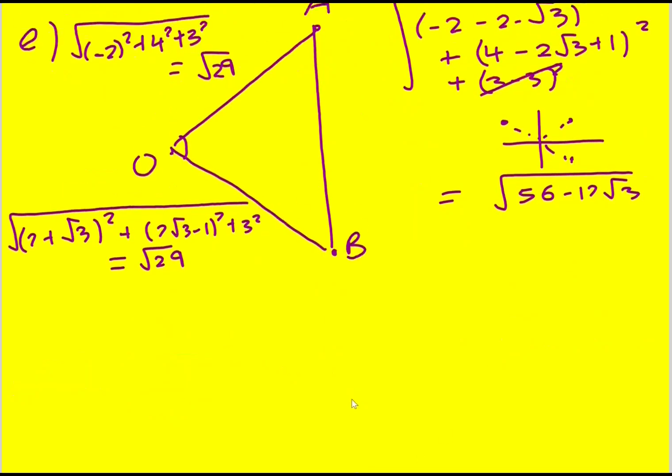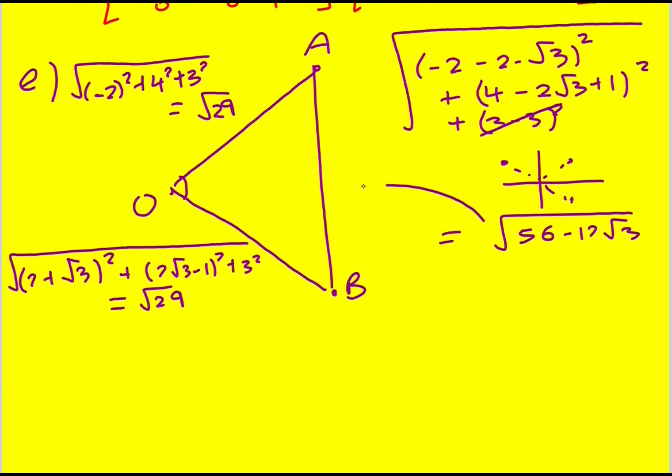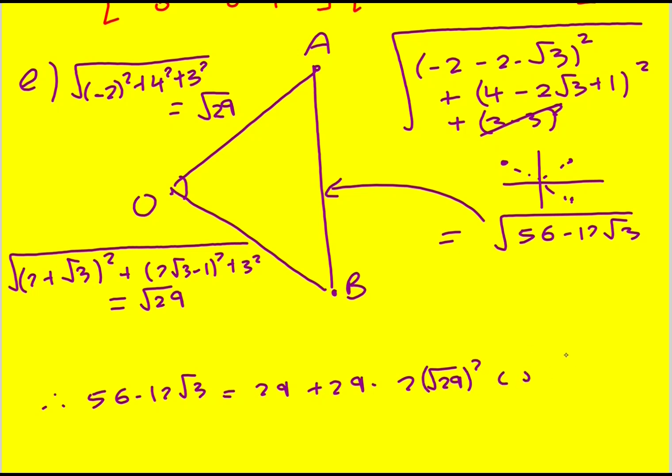So now let's use the cosine rule. That is that side there, so I'm going to square this one. 56 minus 12 root 3 is going to equal root 29 squared plus root 29 squared, minus 2 times root 29 times root 29 times cos of angle AOB.